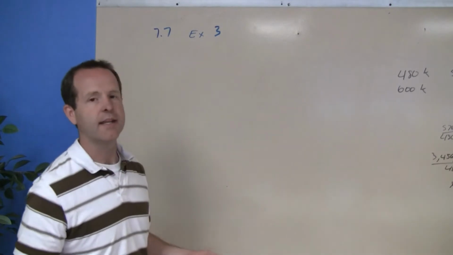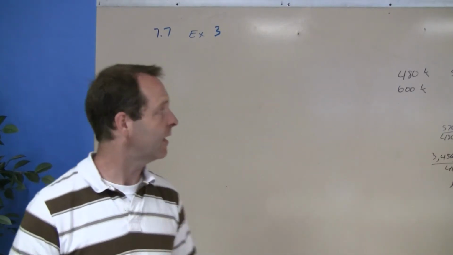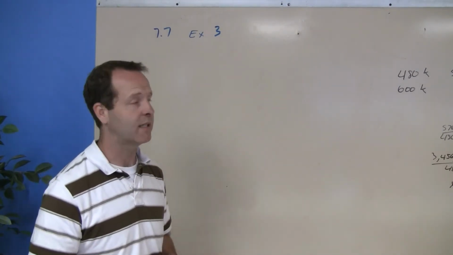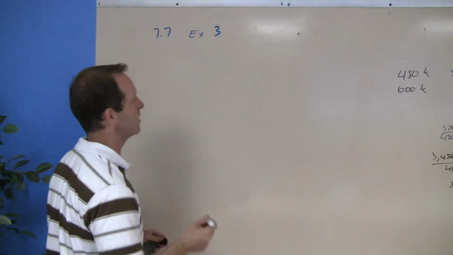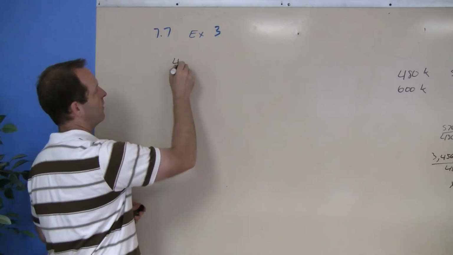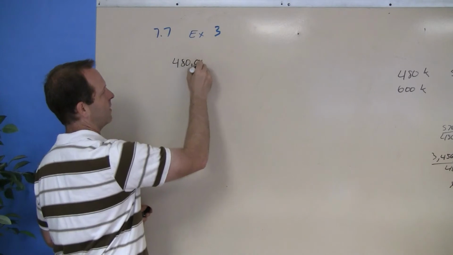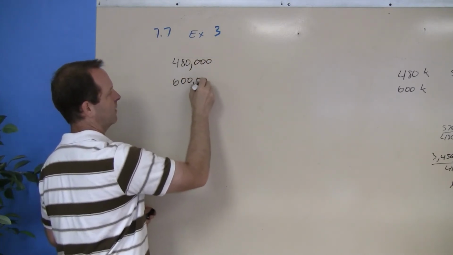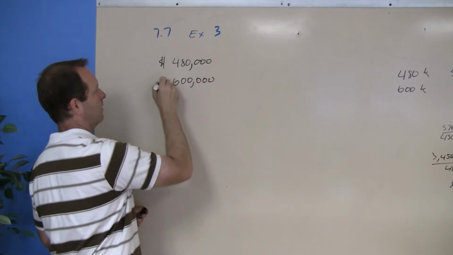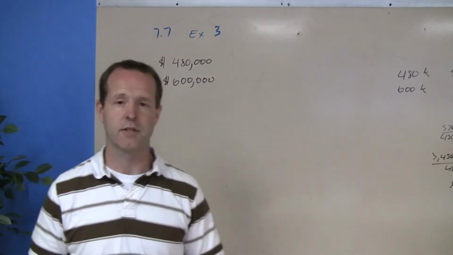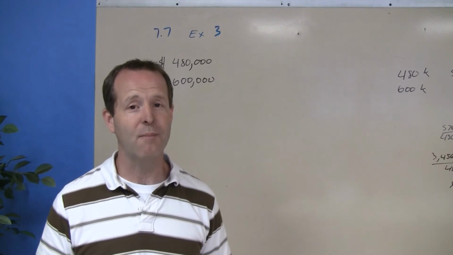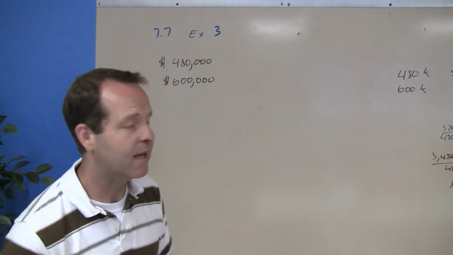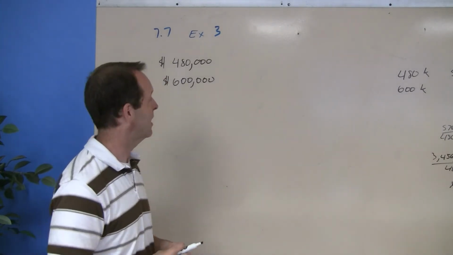Let's say in a community where you live, and I know the community that I live in, I have some houses that do cost a lot of money. Not mine, but some houses. So say for example, I know that there's a house that costs $480,000. And then there's another house down the street that costs $600,000. And if you keep up with your math, improve your skills, you're going to be making money that maybe one day you can afford a house like this.